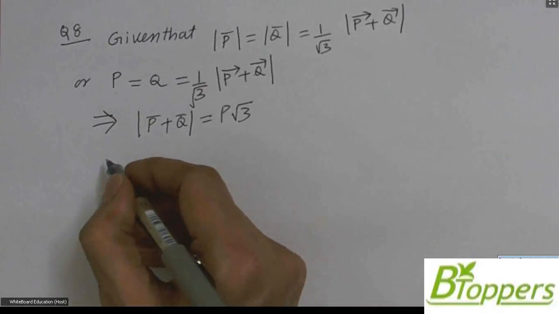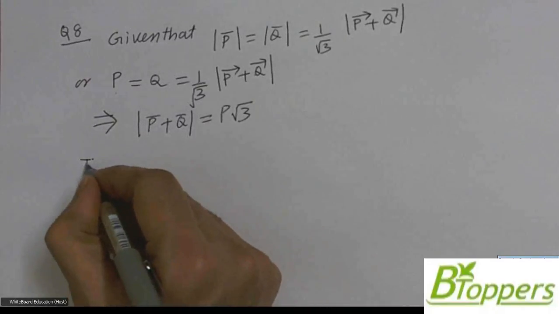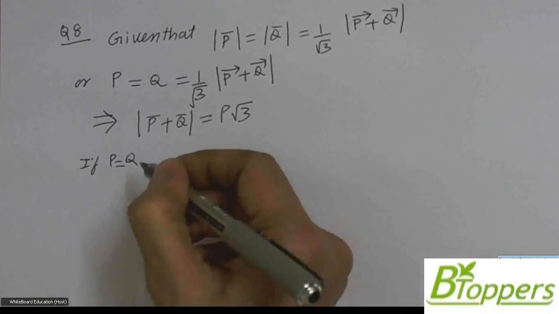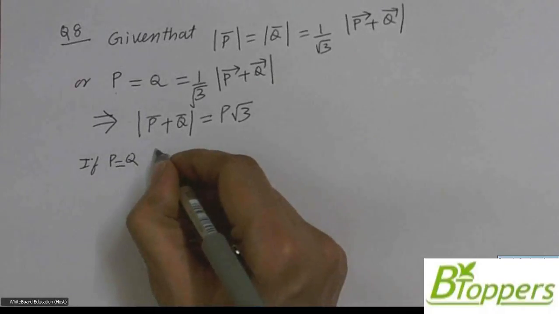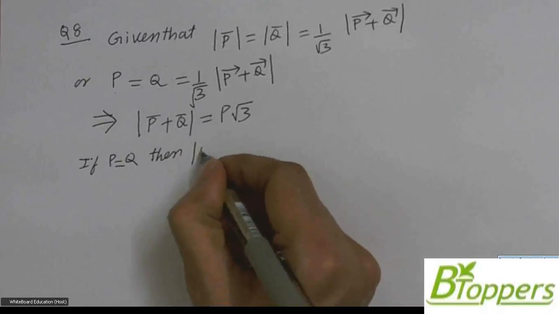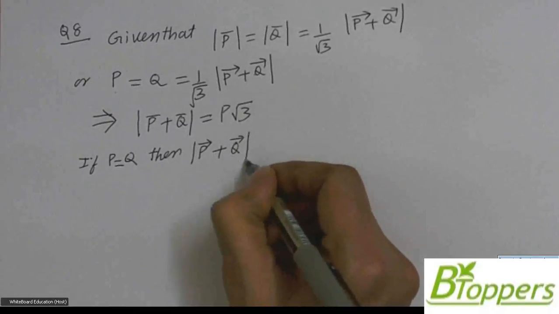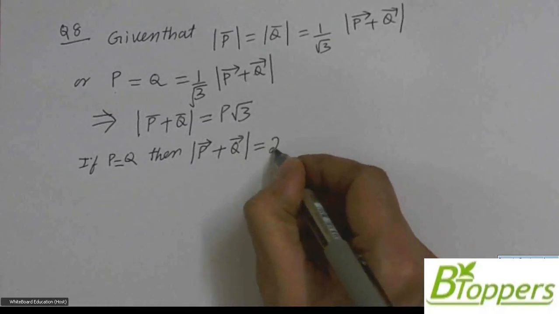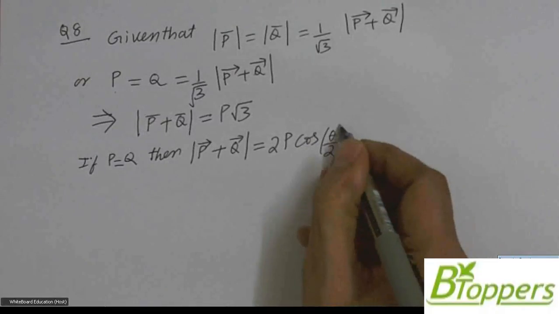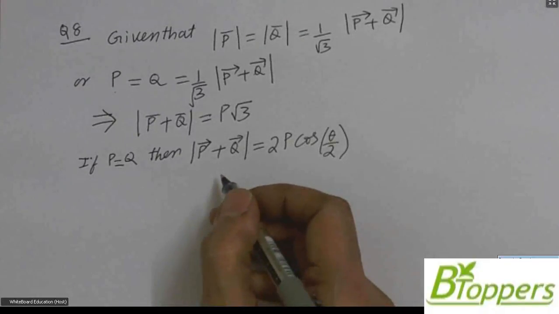So we have discussed in one of the special cases, case 4, that if two vectors P bar and Q bar have same magnitude but act in different directions, then magnitude of the resultant of P bar and Q bar is equal to 2P cos theta by 2, with theta the angle between the two vectors P bar and Q bar.